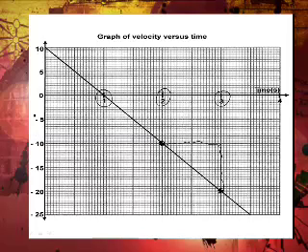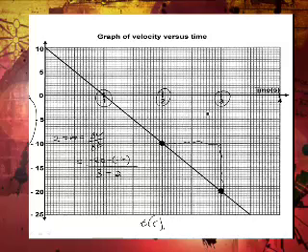How do we do that? This is velocity in meters per second. This is time in seconds. So here, the acceleration a will be equal to the gradient, equal to change in v over change in t. Change in v will be minus 20 minus 10, divided by the time, 3 minus 2.